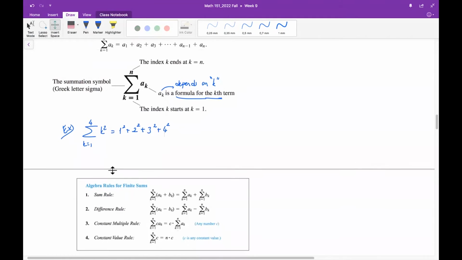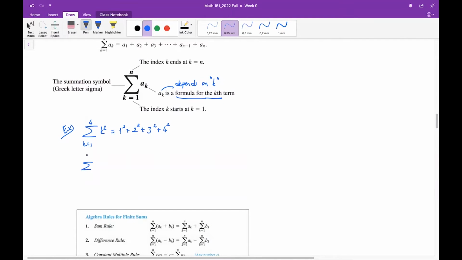Okay, let me give you another example. Let's put k cubed minus 1, where k is from 2 to 5. Then you step by step insert these integers for k. It doesn't need to start from 1.